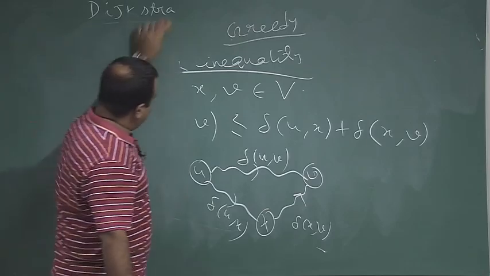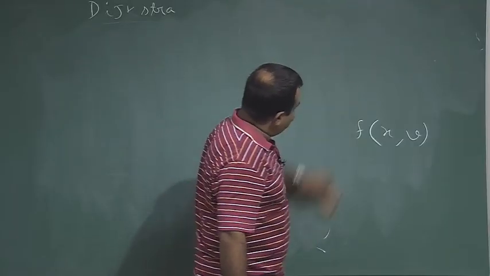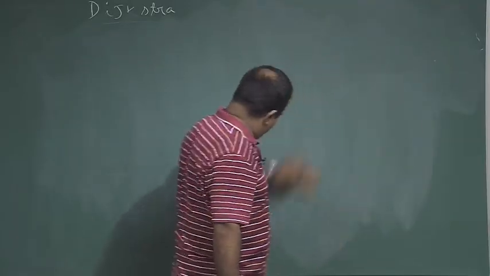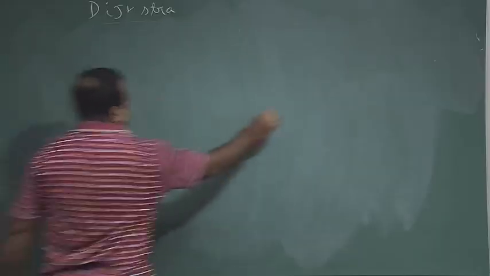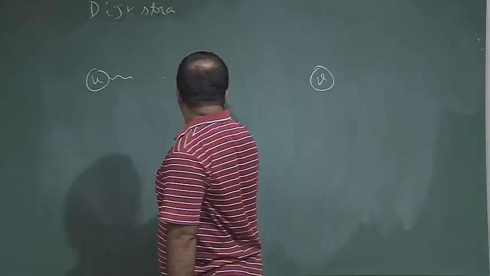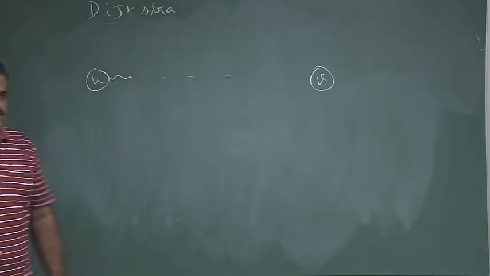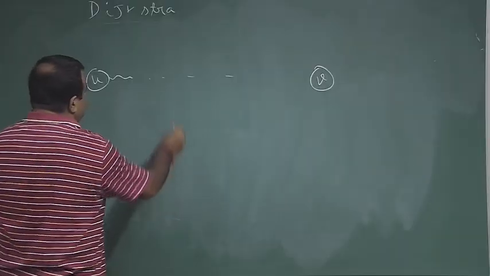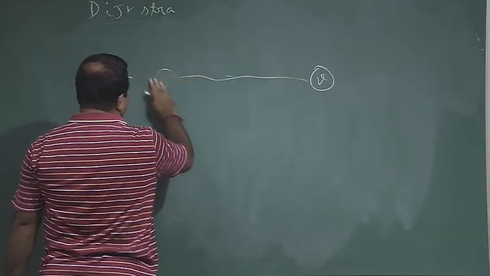Now, we talk about when the shortest path may not exist even though there is a physical path from u to v. Suppose we have a node u and a node v, and there is a physical path from u to v. Even so, the shortest path may not exist if there is a negative cycle.